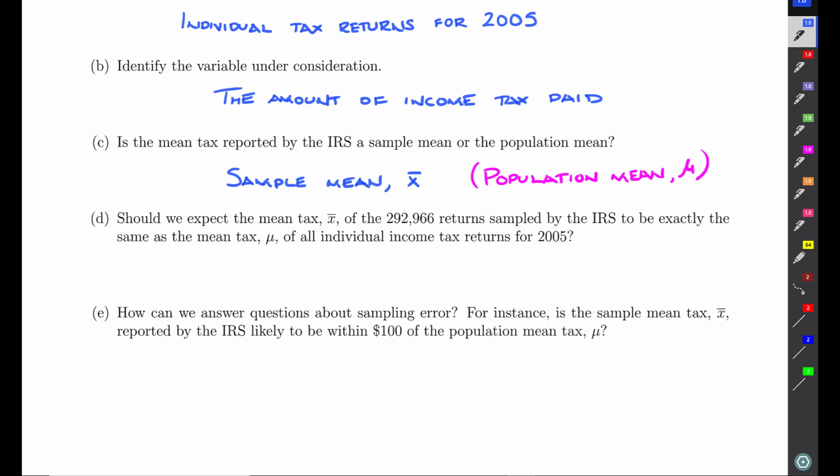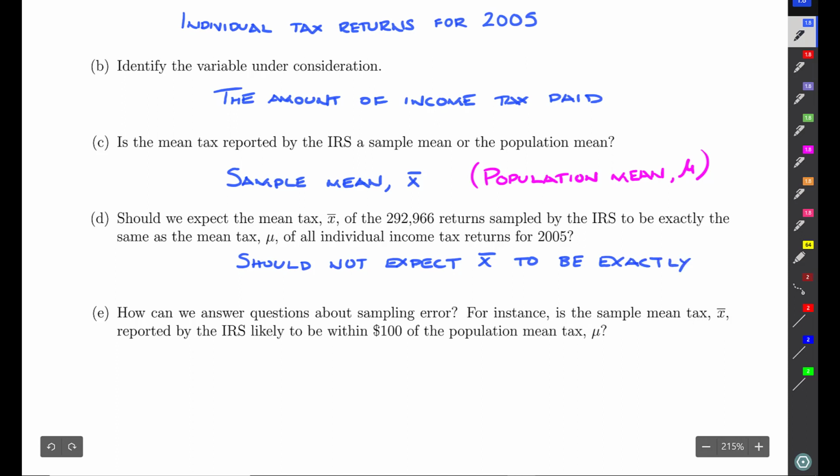The mean should probably be somewhat close, but it will not be exact. So we should not expect the sample mean to be exactly the same as the population mean.